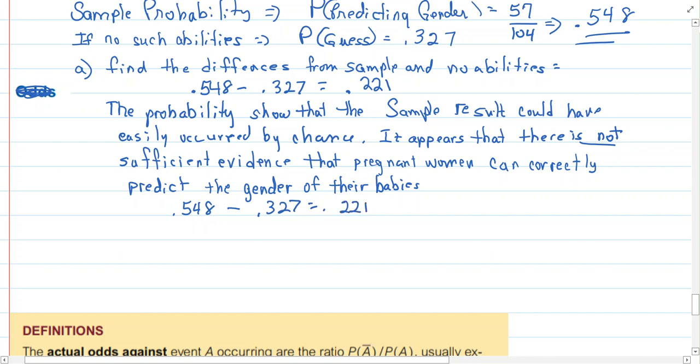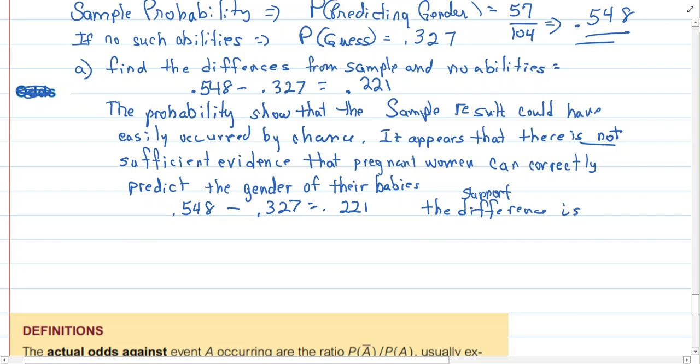Now, the difference, and this is our support, not subjective, but supported by our evidence.